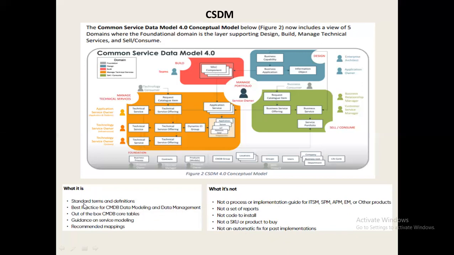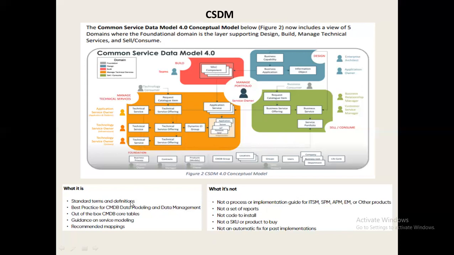What it actually is, is a set of standard terms and definitions. Okay, what is an application service? What is a business service? What is a technical service? What is an offering? What is a catalog? What is a portfolio? It is the best practice for CMDB data modeling and data management. So how do you fit the data into multiple places? I'll tell you, this is the biggest problem which people face when they build these things in ServiceNow.